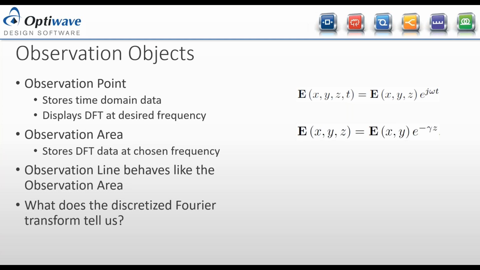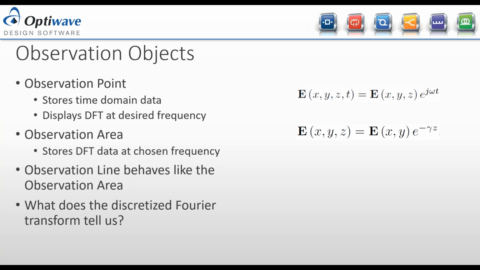There might be thousands of time steps, and then your domain size might be 100 by 100, which is 10,000 elements. So 10,000 by 1,000, that's 10 million. So it's a lot of memory if you want to store all that time domain data. So in fact, we don't do that with the observation area.